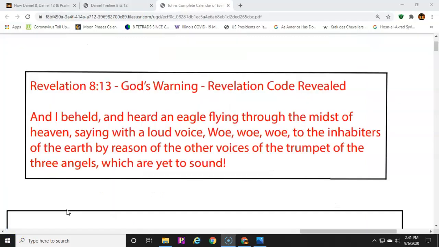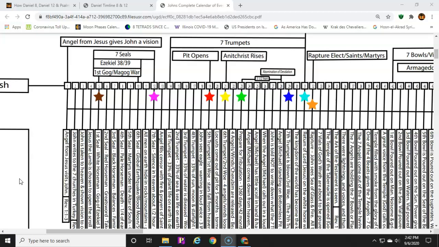So this is one of the reasons I've been telling everyone that the Revelation warning of Revelation 8:13 is so important. This is God's warning to the people on the ground that you need to watch the 5th, 6th, and 7th trumpet. Each has an additional attached woe, and there's a reason for this warning to happen. So if you read the book in chronological order, you'll realize that something really cool happens.